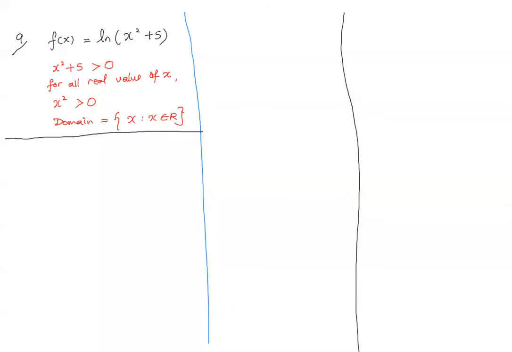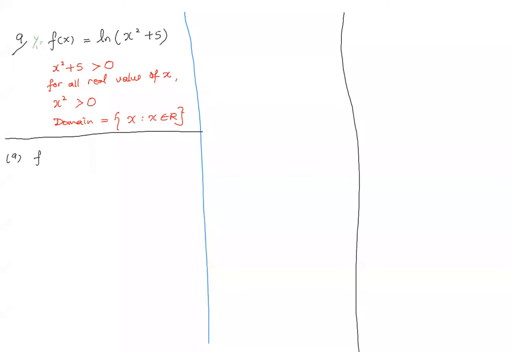Okay, for part A, they say find and classify any turning point. What we need to do is key this into our Y1. Your Y2 is F prime X, your Y3 is F double prime X. First of all, I will differentiate this.